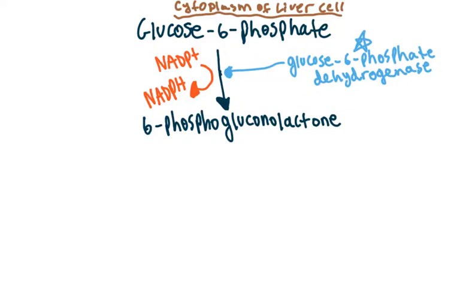So we form an NADPH molecule, and if we see a deficiency in this enzyme, it can lead to a decreased amount of NADPH formation, which can then cause trouble with our glutathione, right? We need the reduced form of glutathione, and it's actually the NADPH that helps reduce glutathione, an important antioxidant.